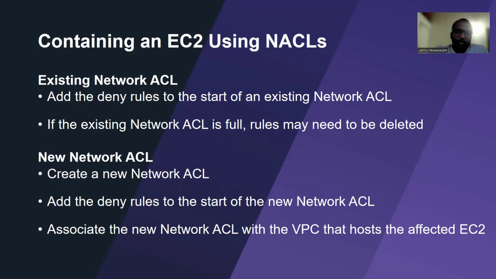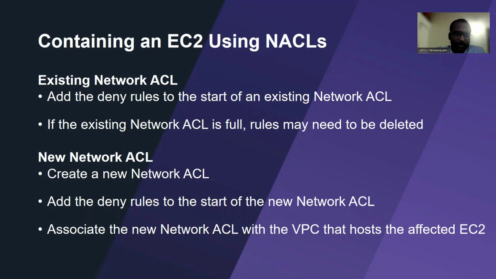If you want to actually contain your EC2 instances using network ACLs, there are 2 ways of going about it, right? If you have an existing network ACL, you can add the deny rules to the top of the network ACL, right? However, if the network ACL is already full, you might need to delete some rules to make more space.